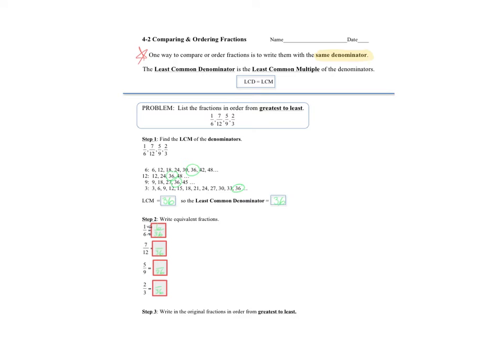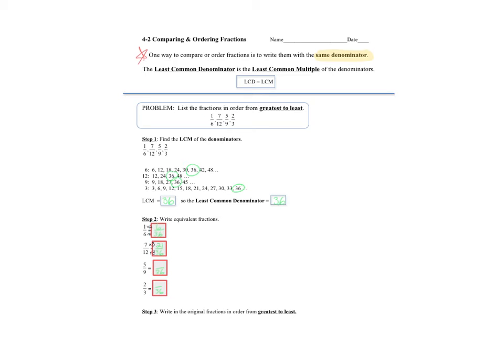But a lot of us do know that 12 turns into 36 by multiplying by 3. And we know if we want 7 to turn into its numerator, then we have to do the very same thing, multiply by 3. So we have a new numerator for 7, and it's 21. So the fraction 7/12 is equivalent to 21/36.